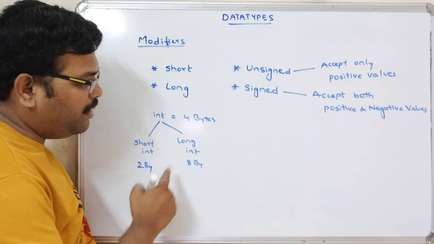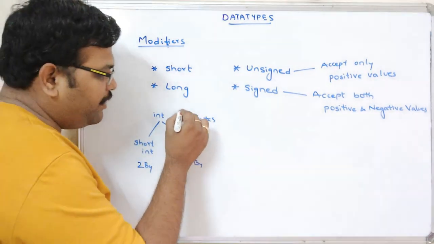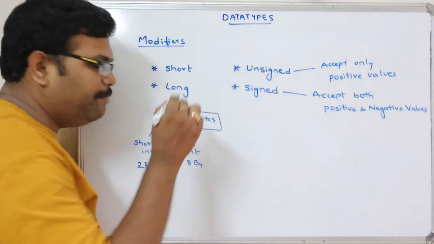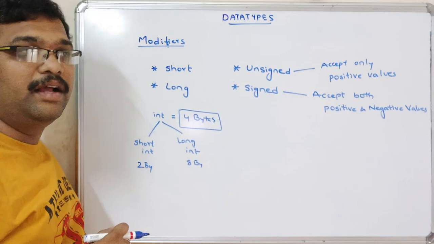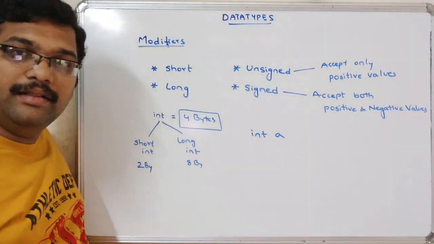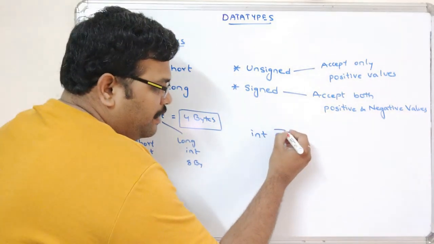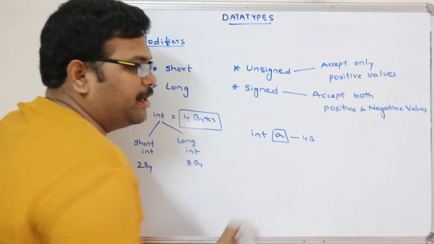So how to find the range? First we have to know how many bytes of memory the variable will occupy. If you declare int a, that means a will occupy 4 bytes of memory.